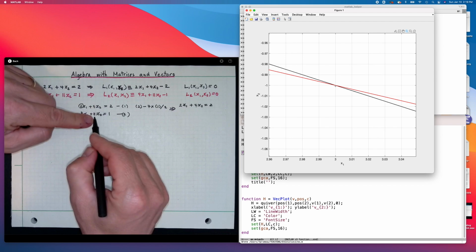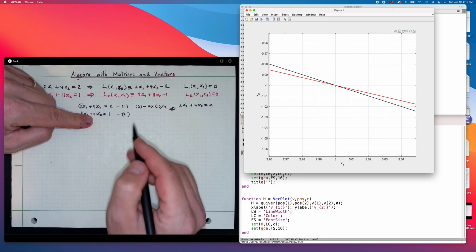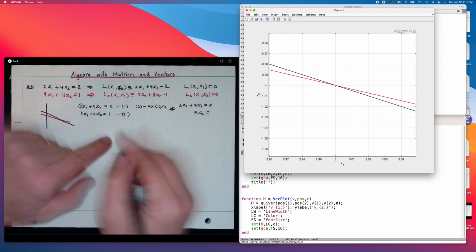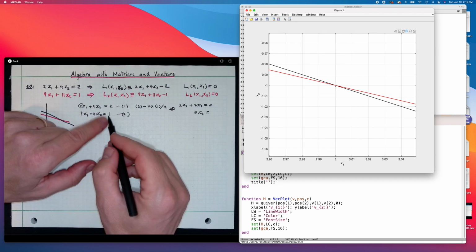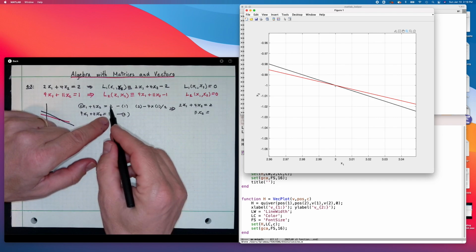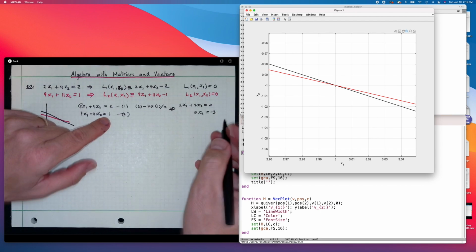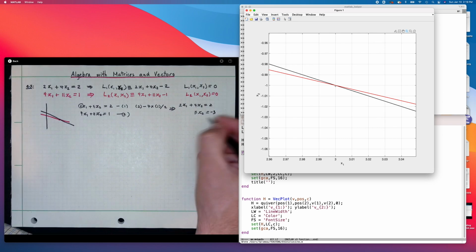I subtract that from 11, so 11 minus 8 is 3, so I have 3x2 is equal to, on the right hand side, 1 minus 2 times 2 is 4, so 1 minus 4 is minus 3. And now I can solve for x2. So now already I have x2 is equal to minus 1.